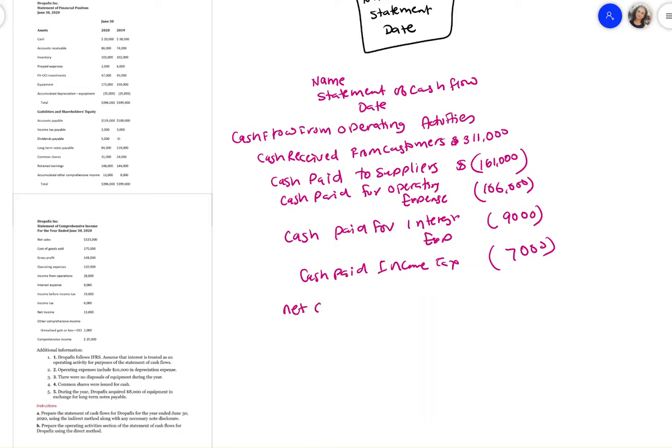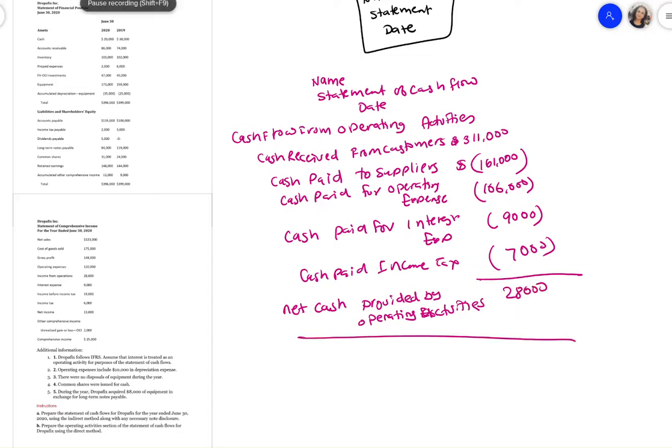We have the net cash provided by operating activities. If you add and subtract, we should end up with a number, and that will be your 28,000. So that's the number that we have, 28,000.